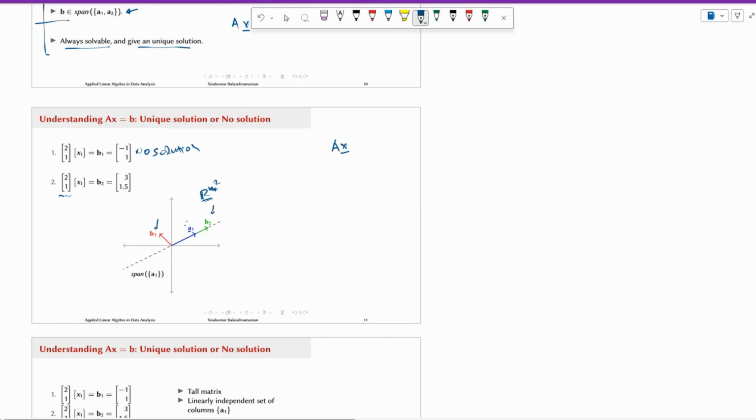If this is A1, the different linear combinations of A1 will simply lie on this line. So if your B1 lies on that line, then I can of course reach B1 using my A1 vector. If it does not lie on that line, then there is no X I can choose that will give me that vector B1, right? That's why this has no solution. This has a unique solution, or it has a solution. Let's just put it that way. In this particular case, it has a unique solution. Okay, all right.